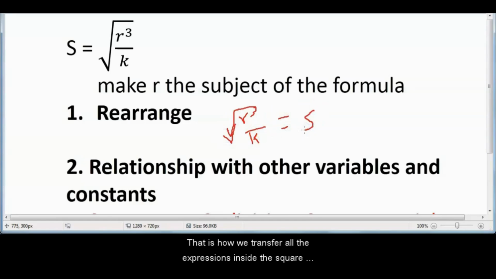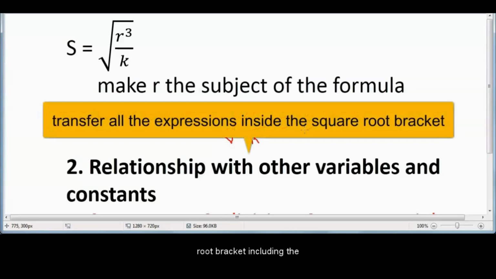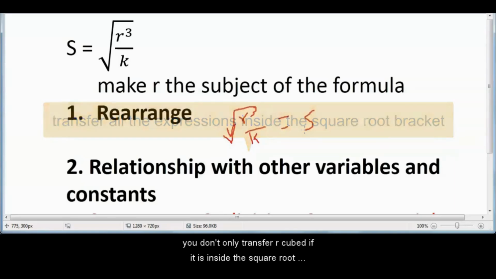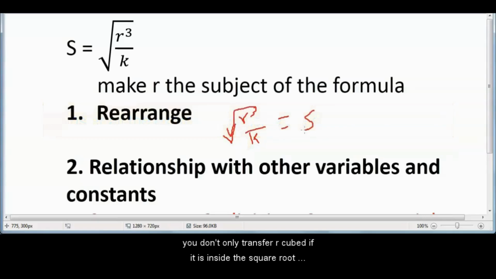Notice how we transfer all the expressions inside the square root bracket, including the k. You don't only transfer r cubed if it is inside a square root bracket. You have to transfer it along with the other expressions inside the square root bracket, in this case, 1 over k.